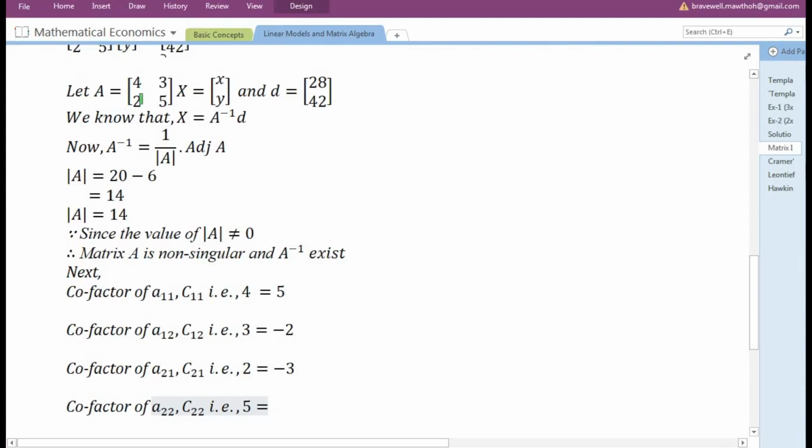After deleting the row and the column in which the element is present, that is element 5 in this case, we are left with 4.